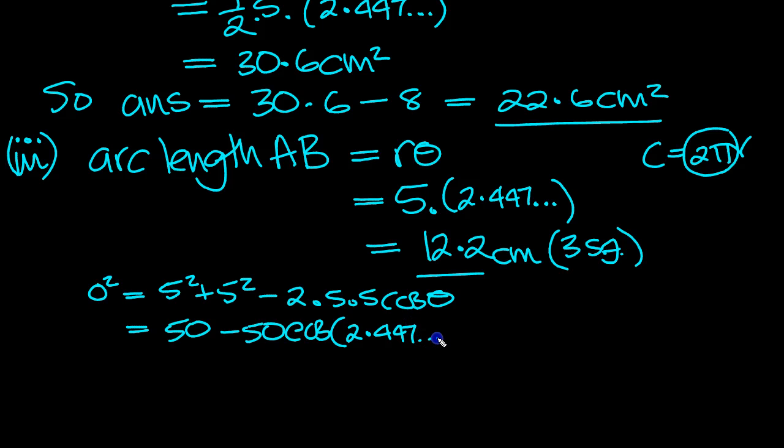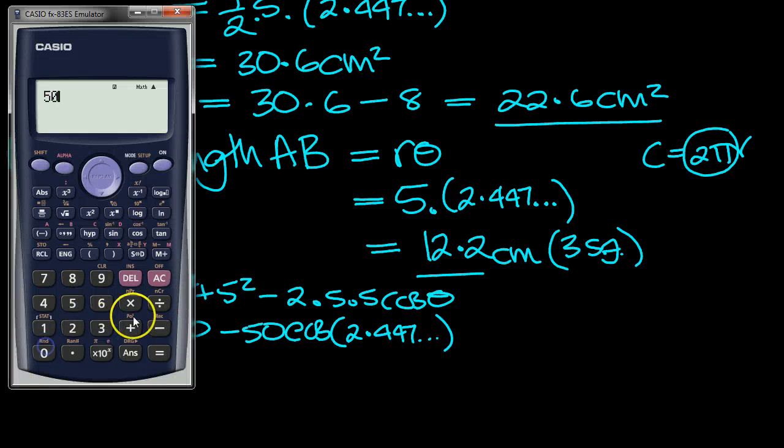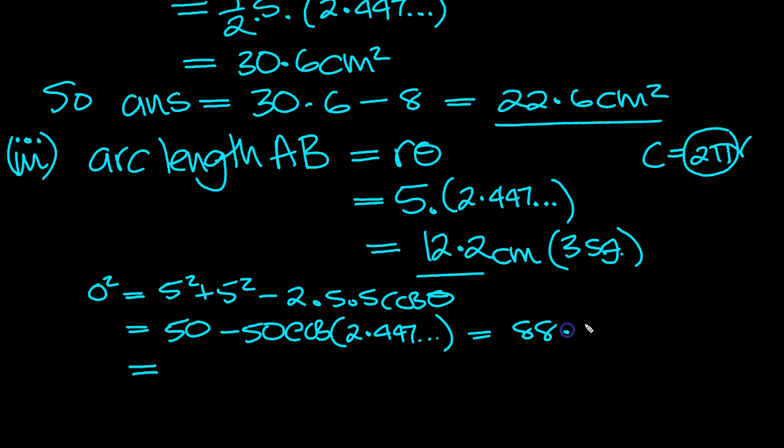So let's type that in the calculator then. So we've got 50 minus 50 times cosine, we're in radians mode, 2.447. I hope this is going to be accurate enough. Close the bracket, equals, so that's equal to 88.4, what was it, 17?